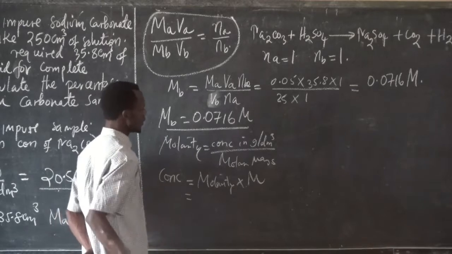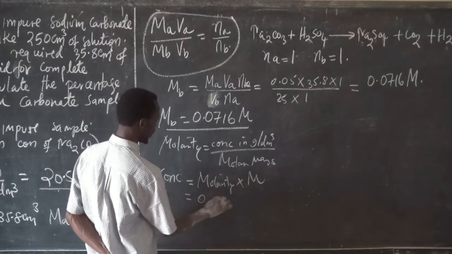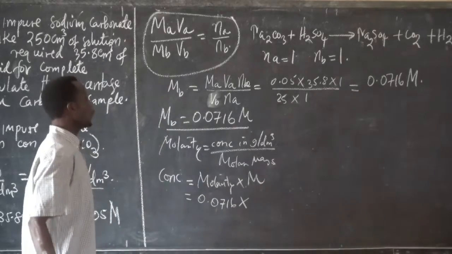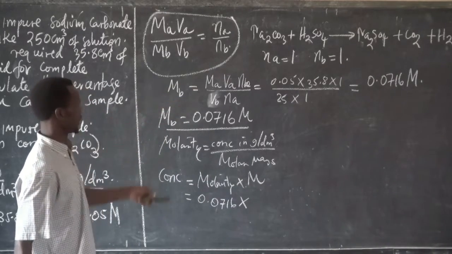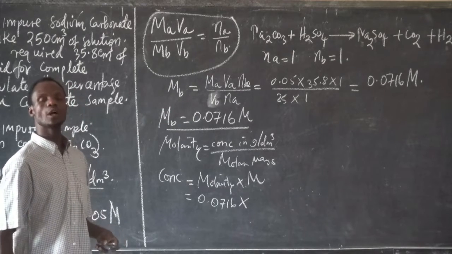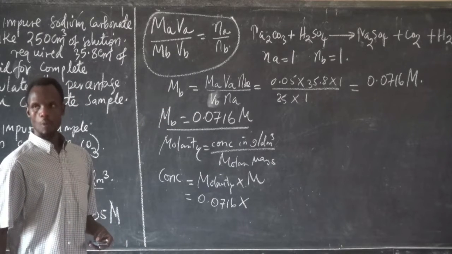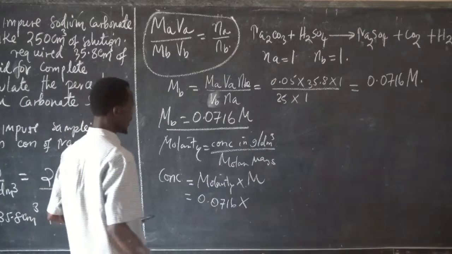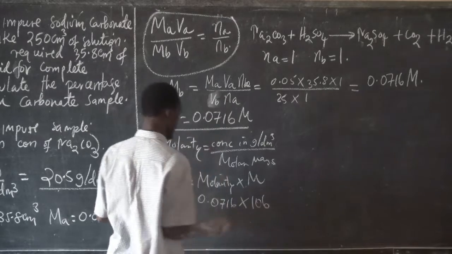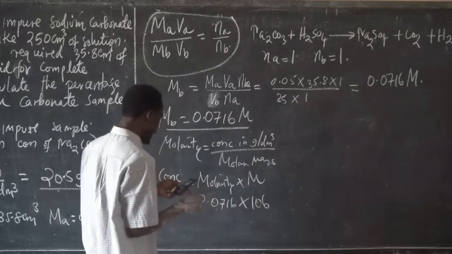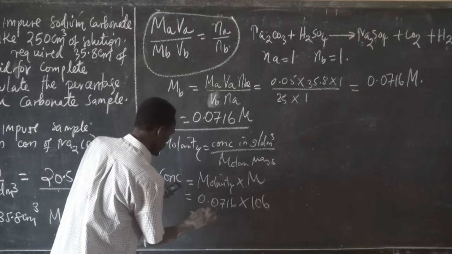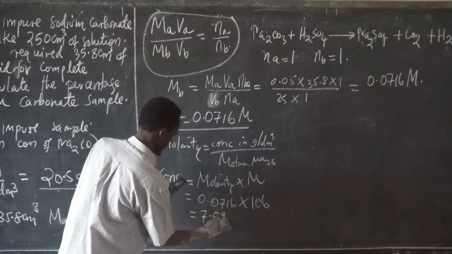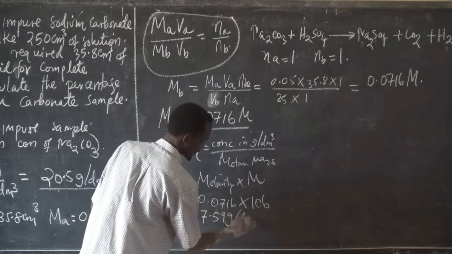So molarity, 0.0716, times molar mass of sodium carbonate, because we're talking about the base. Molar mass of sodium carbonate is 106. Multiplying, we get 7.59 gram per decimeter cubed.